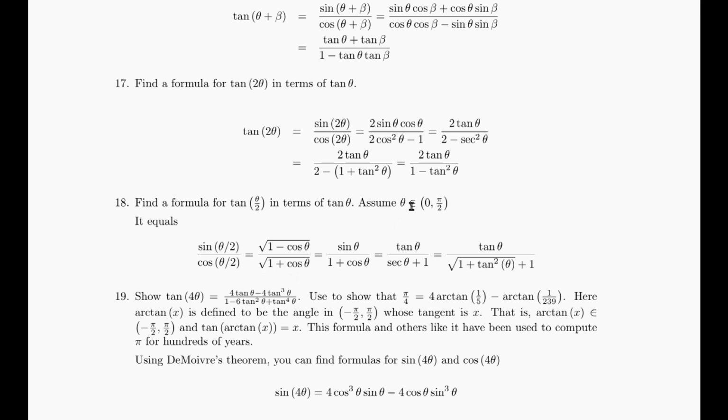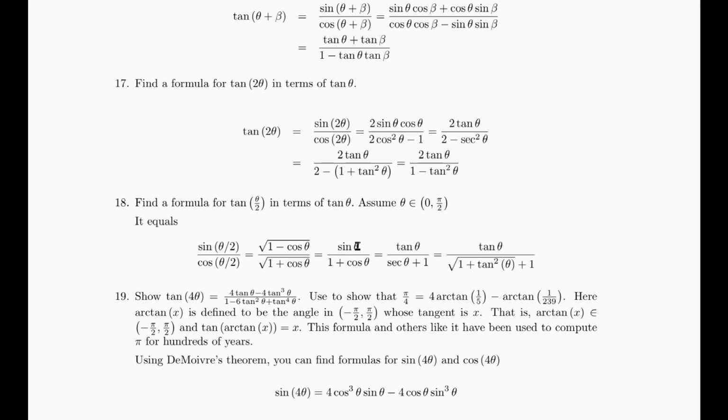Now, if I assume that theta is in this interval, so there's no odd things happening in terms of sine, I would end up with the square root of 1 minus cosine squared here. That's the square root of sine squared, and that's just the sine. So you see, this is what I'd get here.